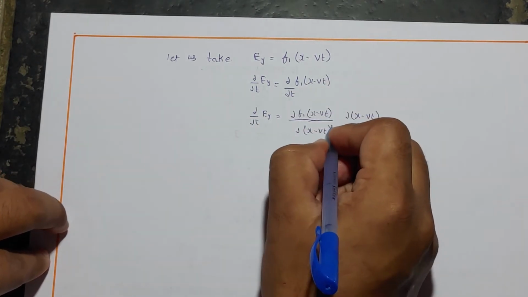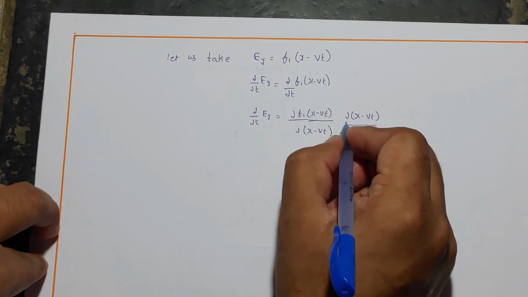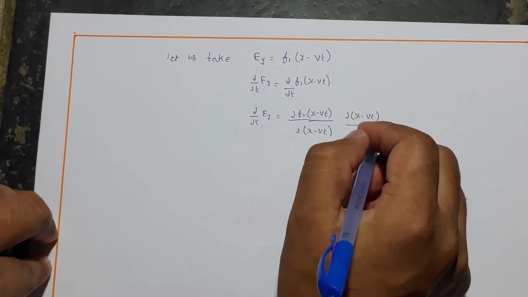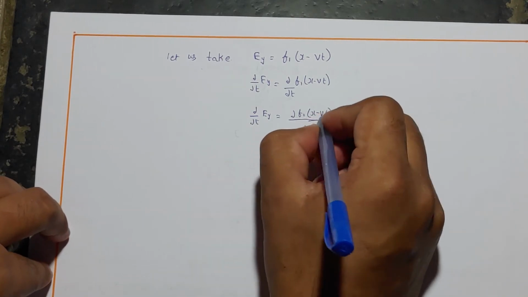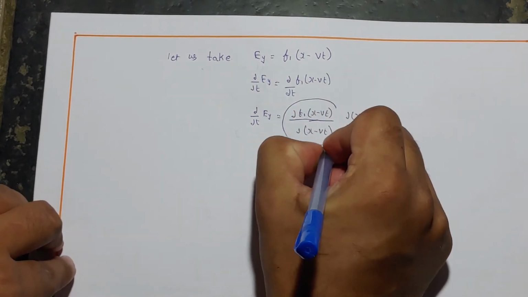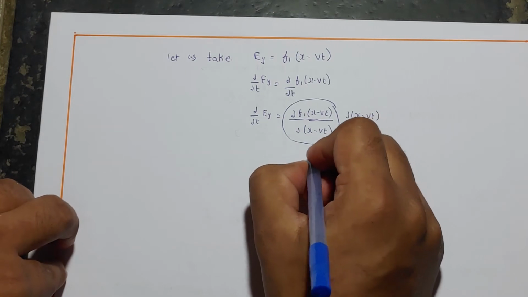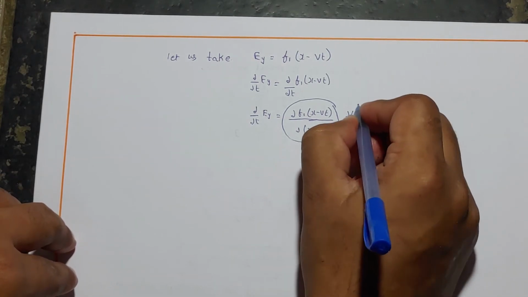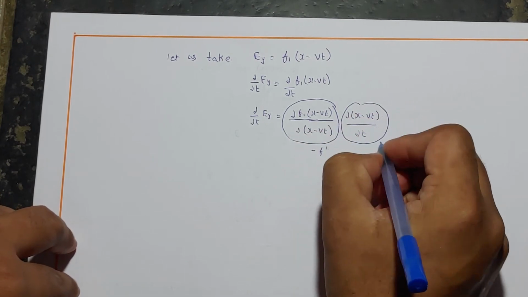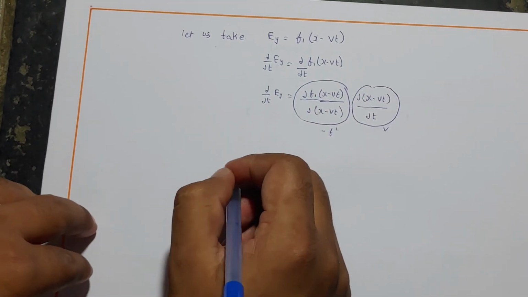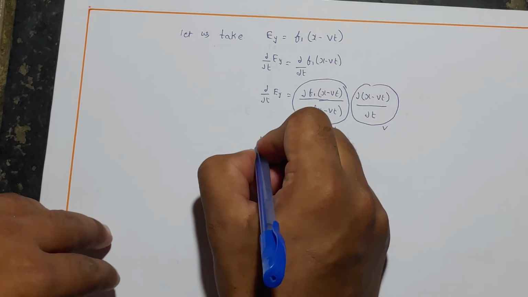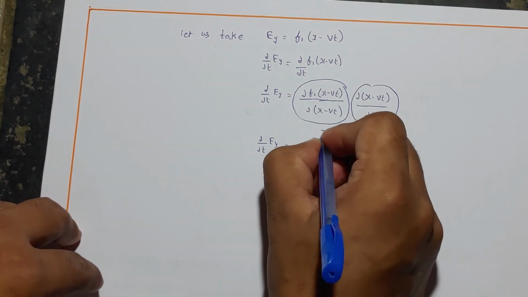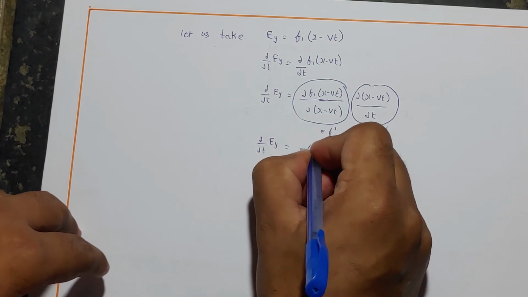Let us take this whole term as minus f1 dash, and this term as v, that is dou Ey by dou t is equal to minus f1 dash v.